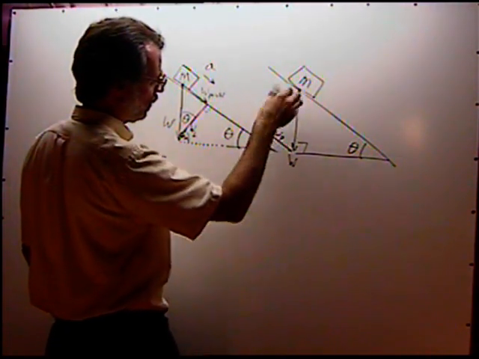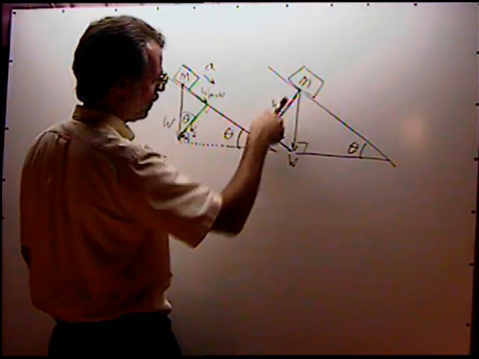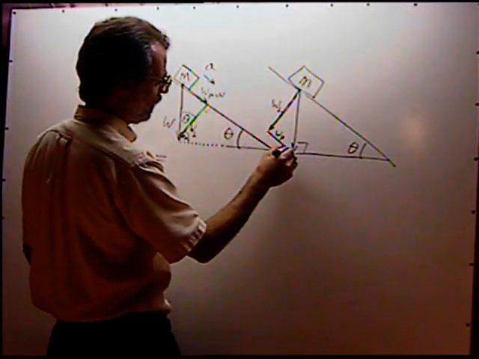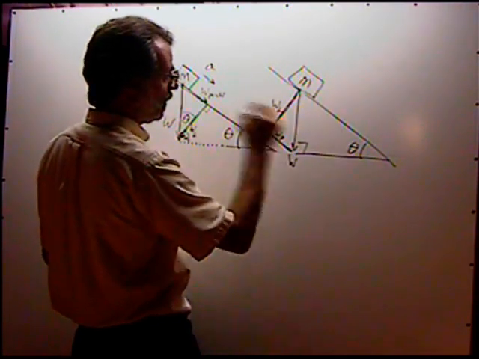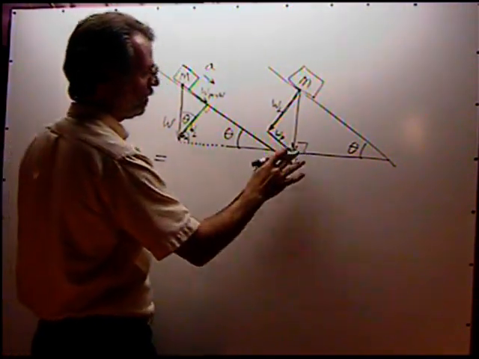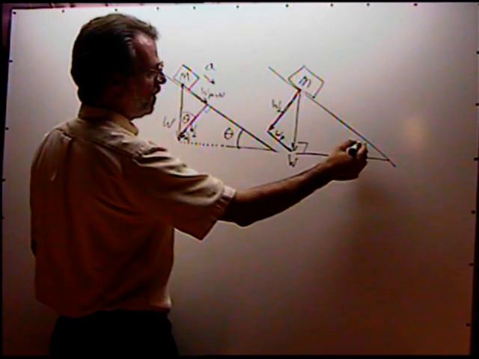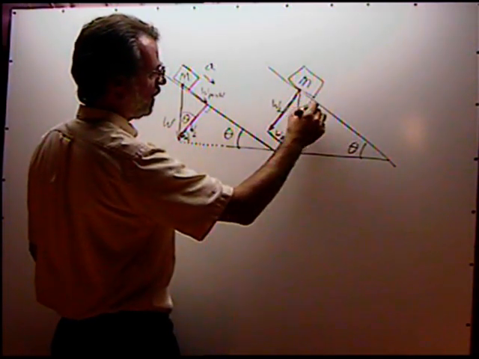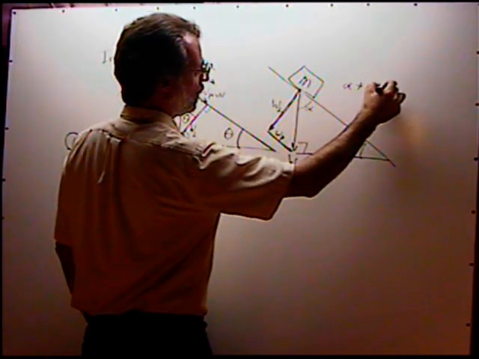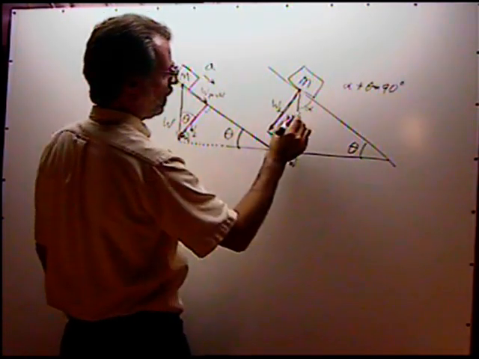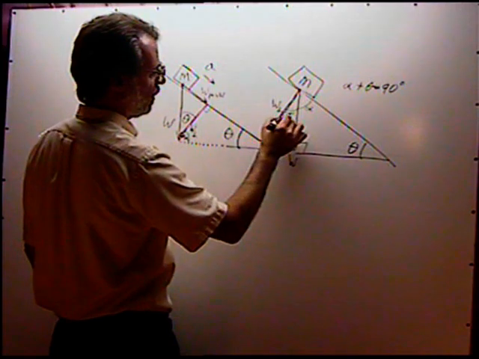This is the perpendicular, acting perpendicular, and this is the weight acting parallel. It's parallel to here. Some of you might be able to see it easier this way. If this is angle theta and this is angle alpha, where alpha plus theta equals 90 degrees, then that means this angle is also theta.